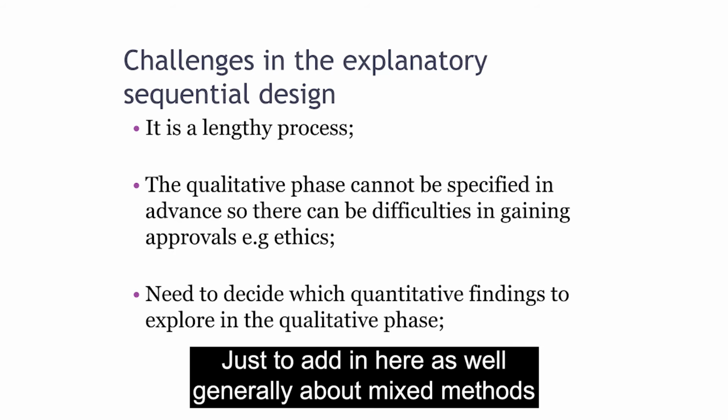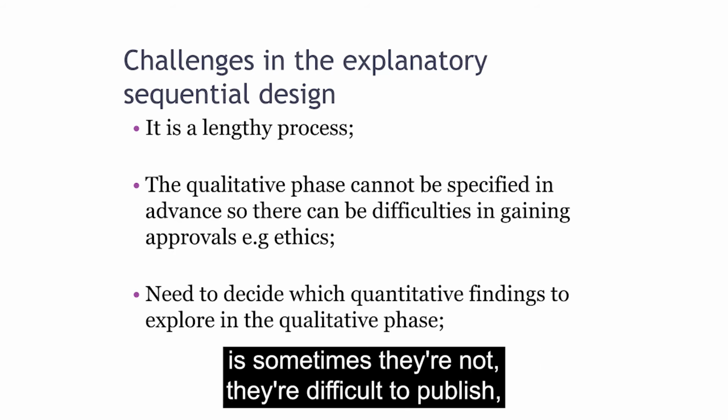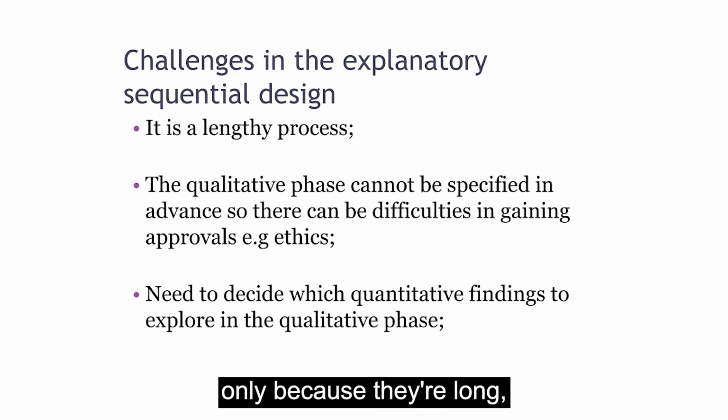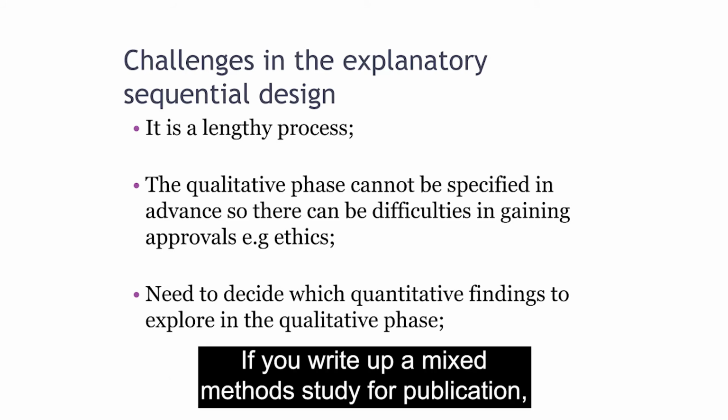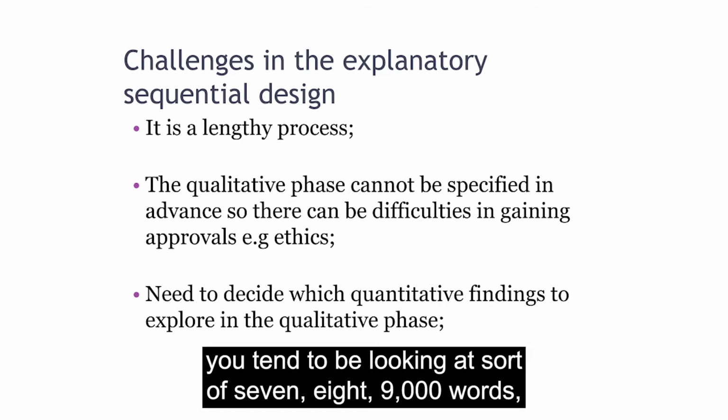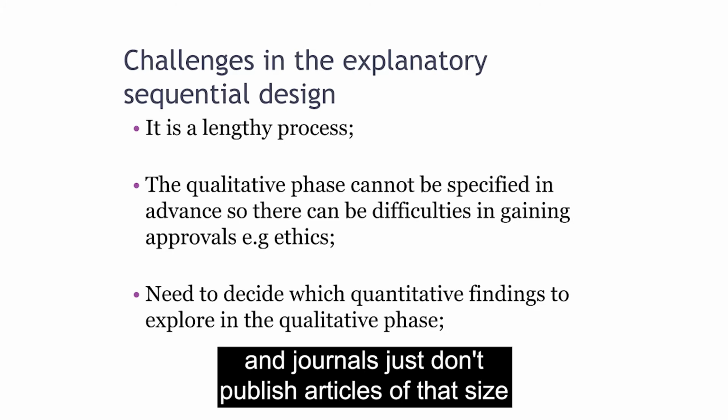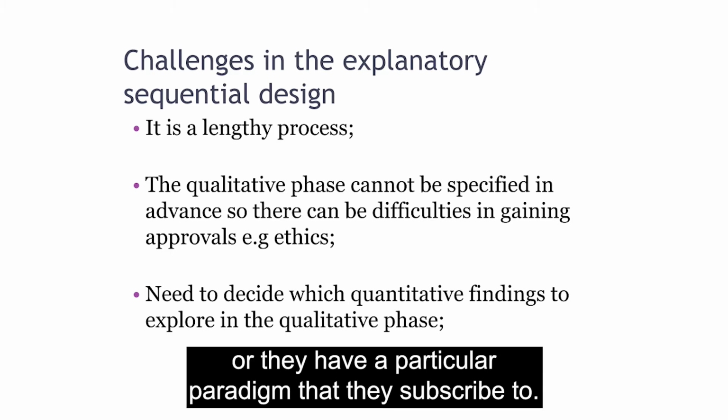Just to add in here as well, generally about mixed methods, sometimes they're difficult to publish only because they're long. As well as being a lengthy process, if you write up a mixed method study for publication, you tend to be looking at sort of 7,000, 8,000, 9,000 words. And journals just don't publish articles of that size, or they have a particular paradigm that they subscribe to.